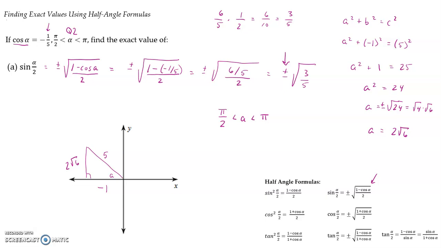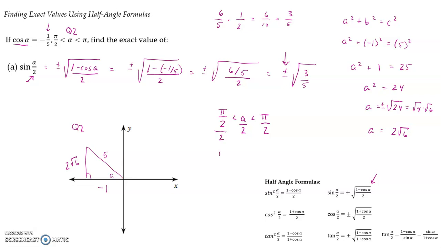Well, keep in mind we were asked to find sine of A over 2, and this A value that we originally were working with was in quadrant 2. When we go to assign the plus or minus sign, we want to keep in mind what quadrant A over 2 is in. So think of it as we're going to be starting with this information about A, and we're going to divide each of these by 2.